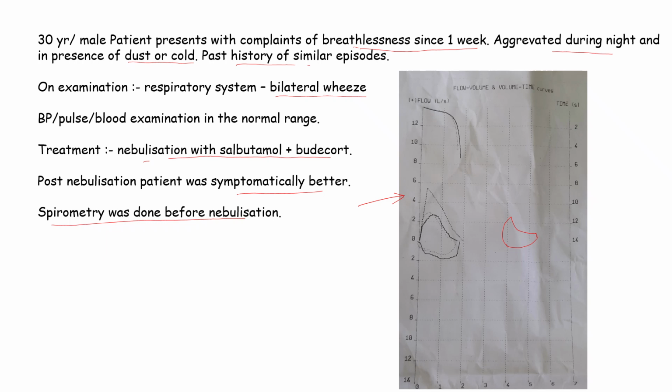So the patient was having breathlessness which aggravated at night and during dust or cold. It was almost like the patient was having an allergic reaction. On chest examination, he was having bilateral wheeze, and he even has a past history of similar episodes.